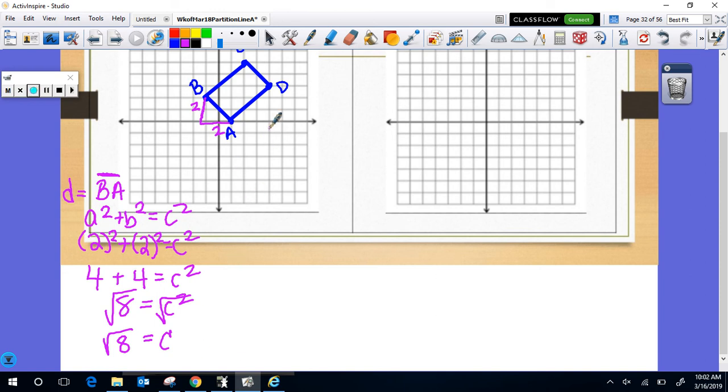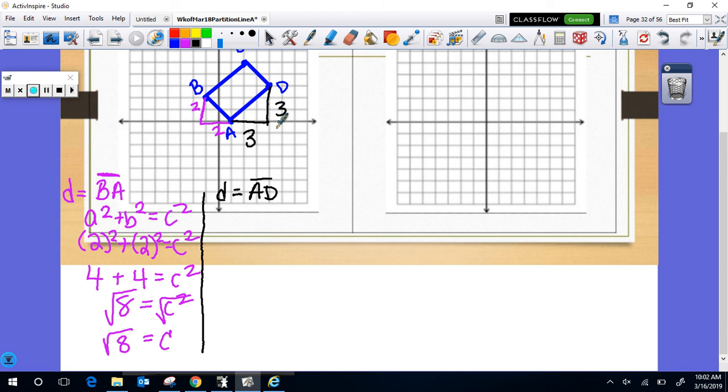Now I'm going to do the same thing for line segment AD. I want to find the distance for line segment AD. You can either use the distance formula or you can use Pythagoras Theorem, whichever way you want to do it.